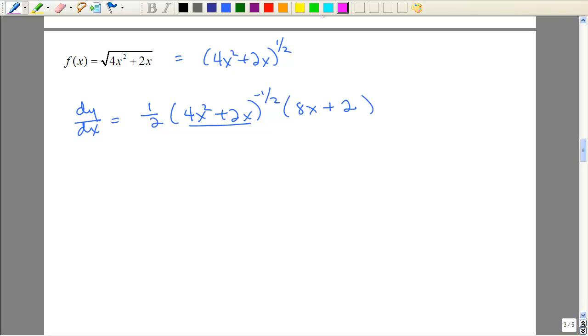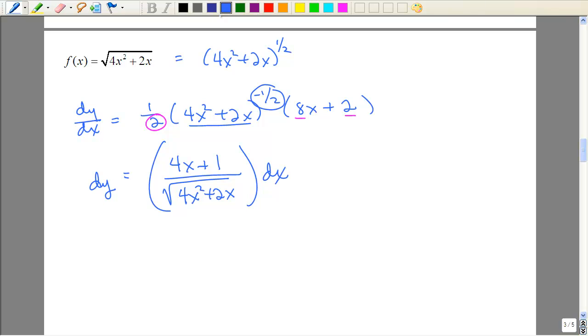And I notice that this 2 can divide that evenly, so I'm going to go ahead and reduce that. Let's see, 2 goes into 8, that's 4x plus 1. And since this is a negative exponent, I'm going to put it in the bottom and go ahead and rewrite that as a square root. Just looks prettier. And then my differential is that multiplied by dx. Basically, you're multiplying both sides by dx.